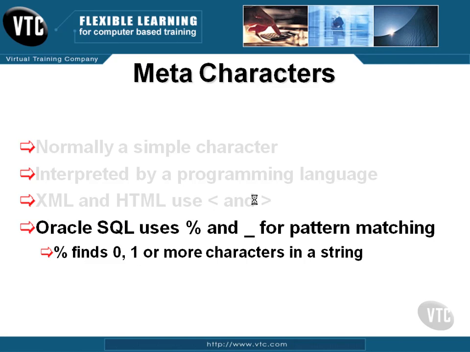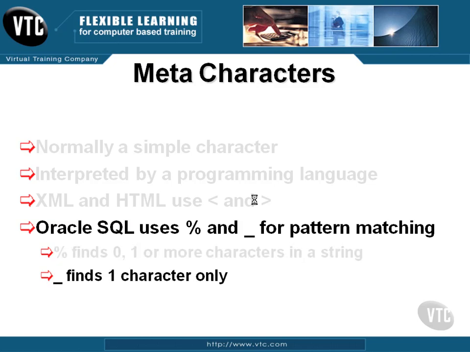And in Oracle SQL, as we've seen in the past course and earlier on in this course, we use the percentage and the underscore characters for pattern matches in the LIKE operator to match strings, where percentage finds 0, 1 or more characters in a string, and an underscore finds a single character only in a specific position in a string.